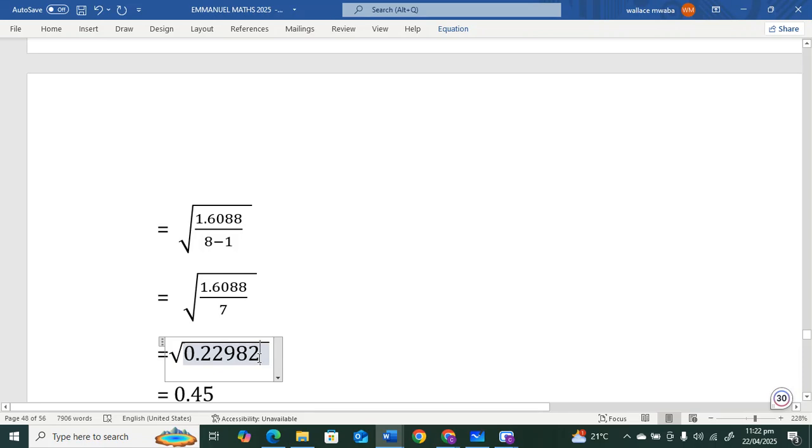Then what is the square root of 0.2298? You can round it off to 0.48. Yes, that is our standard deviation. Any questions?